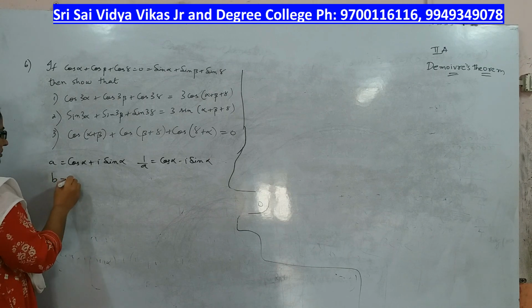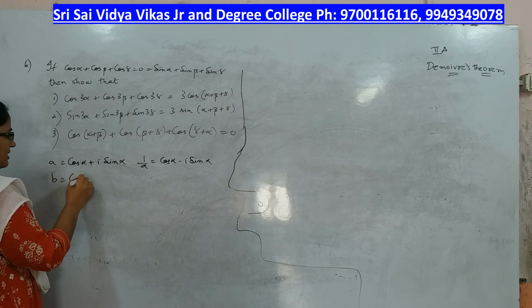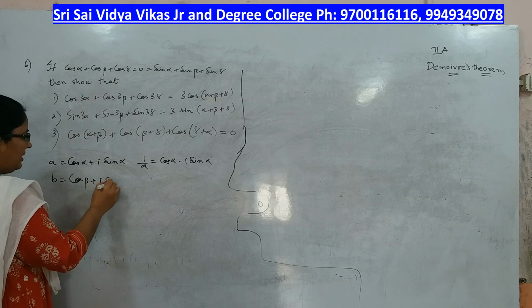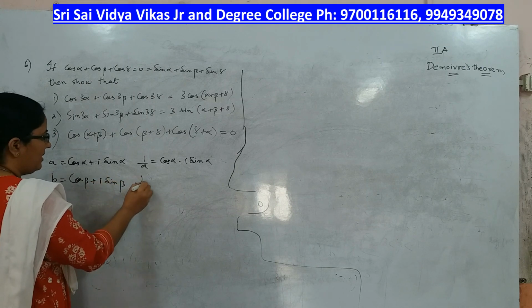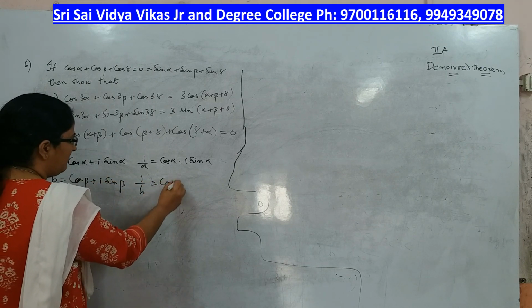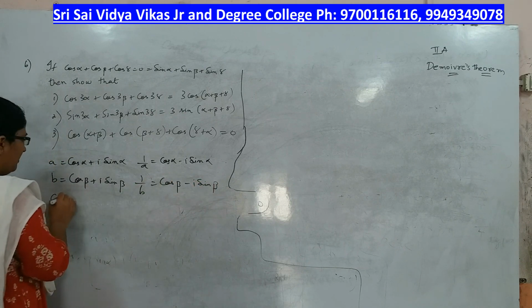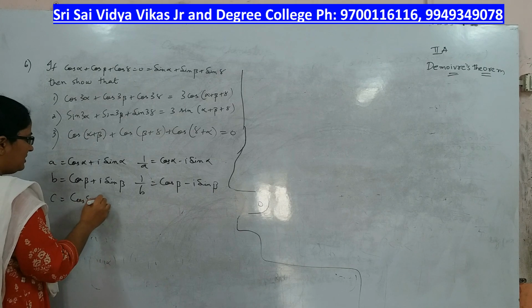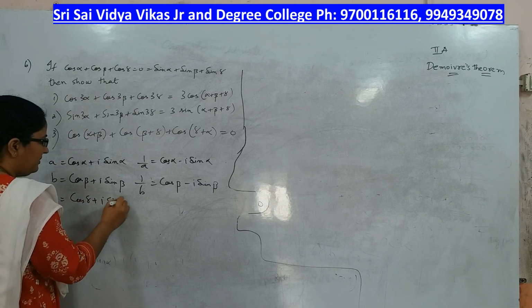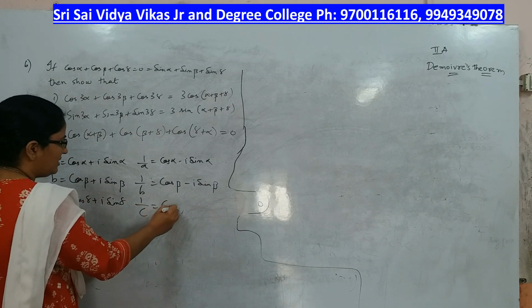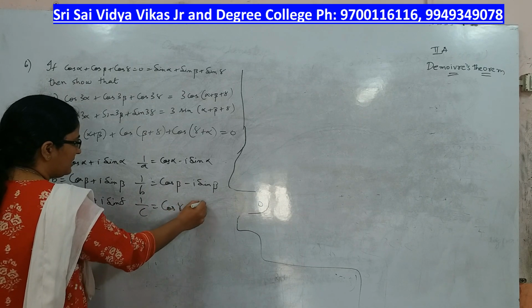B is equal to cos β + i sin β. 1/B is equal to cos β minus i sin β. C is equal to cos γ + i sin γ. 1/C is equal to cos γ minus i sin γ.